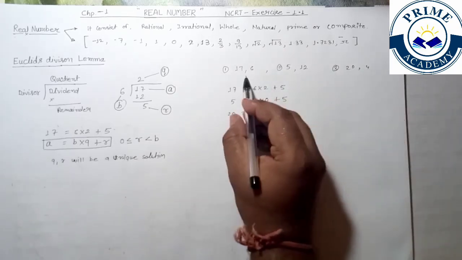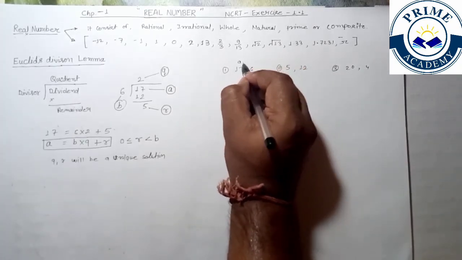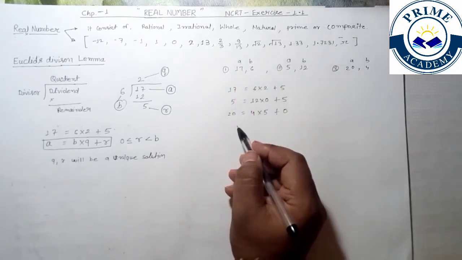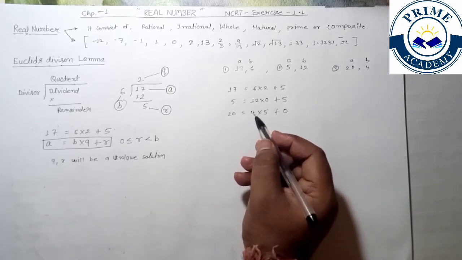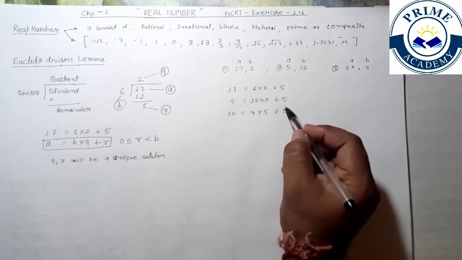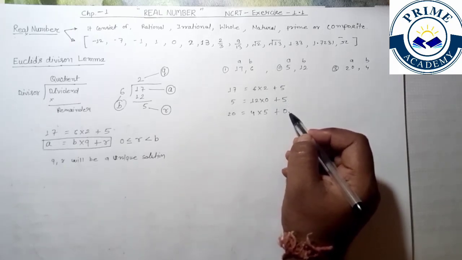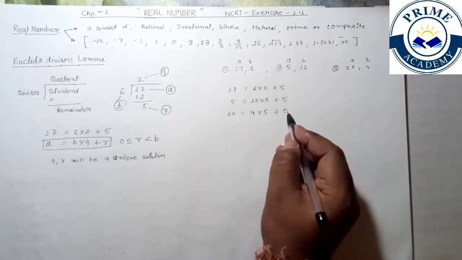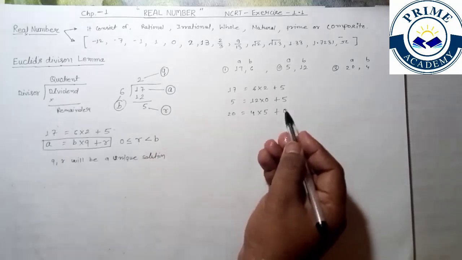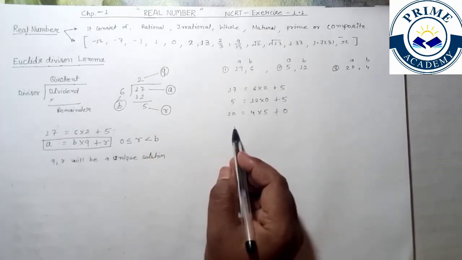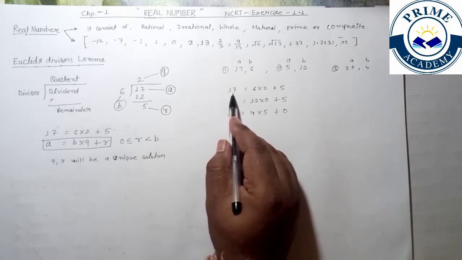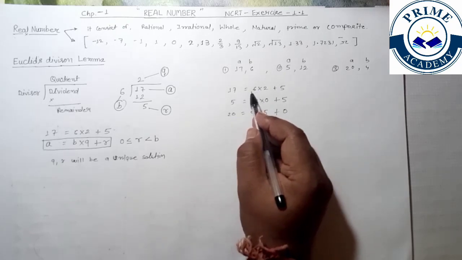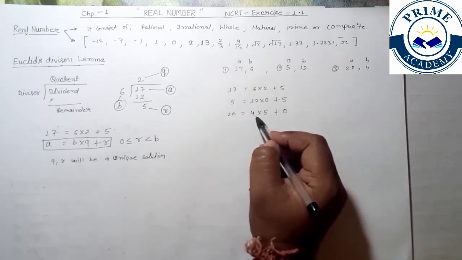So in each case, with a and b, you can observe that your remainder is either a positive integer or 0. Here 17, 5 and 20 were the numbers, where your divisors 6, 12 and 4 are there.